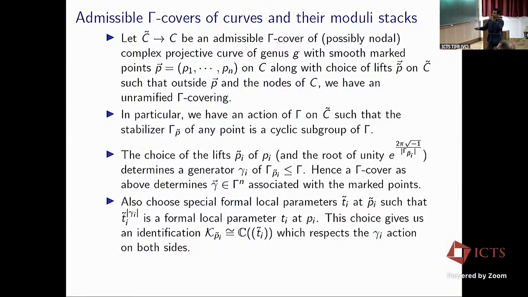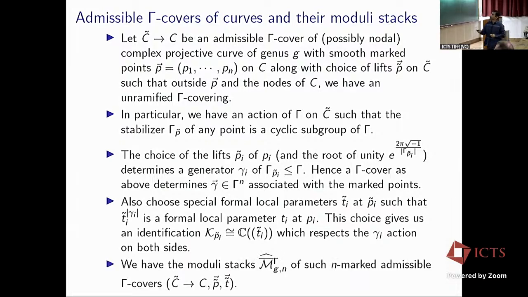This gives us an identification of the completion of the top curve at this point with the Laurent series ring. And there is this gamma i action on this, because gamma i is the stabilizer, and there is a gamma i action here which we defined in the first slide. Maybe this action is up to an inverse, but yeah.